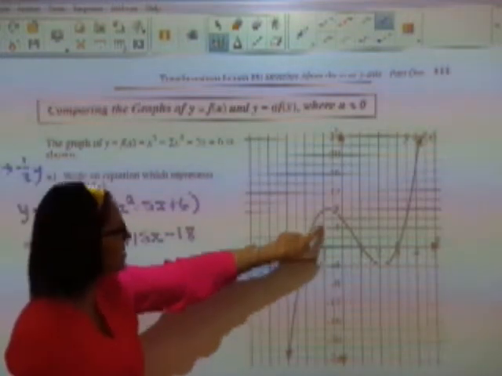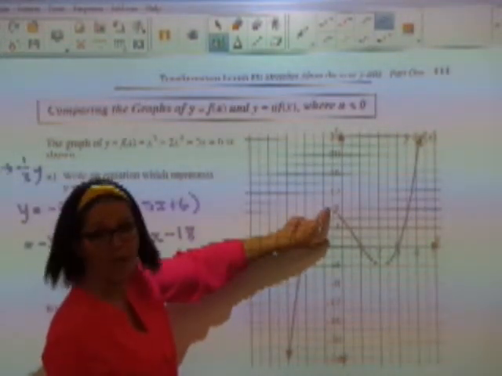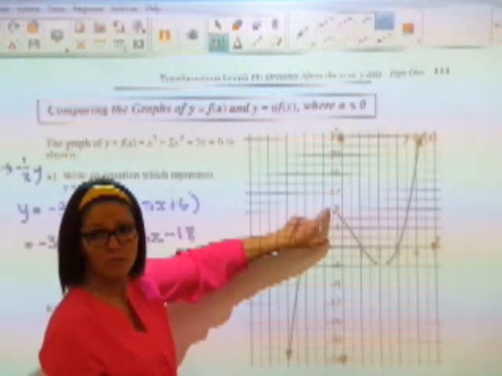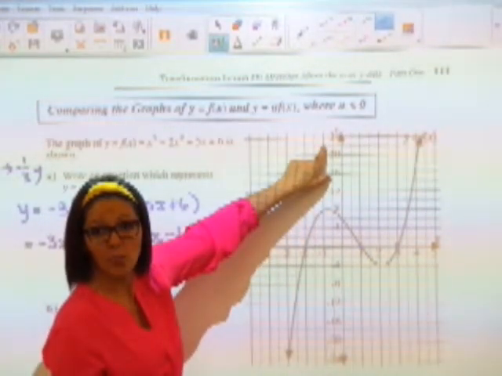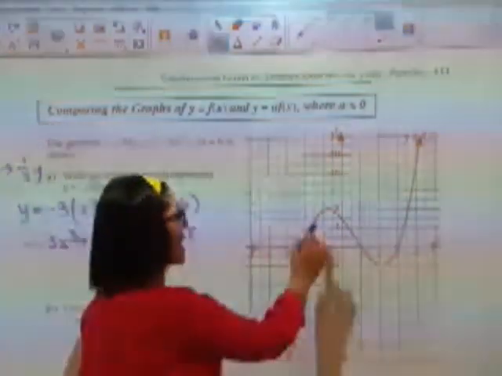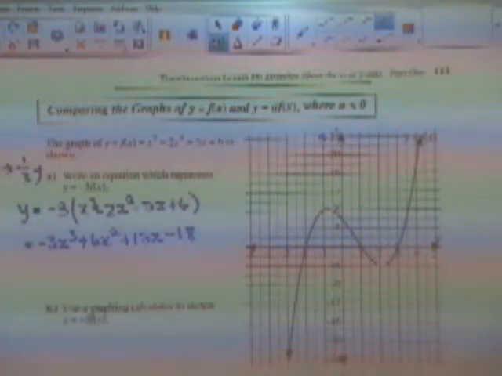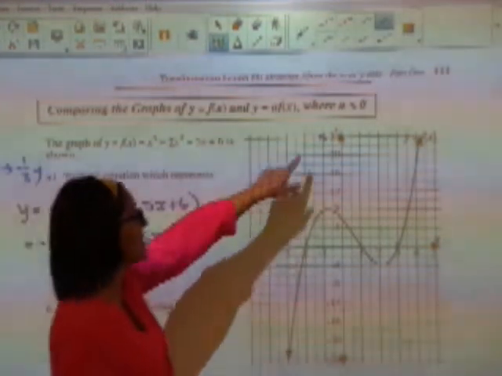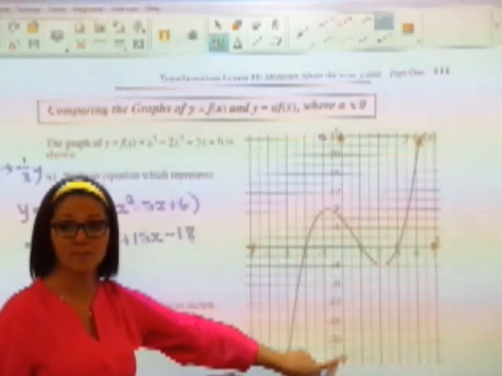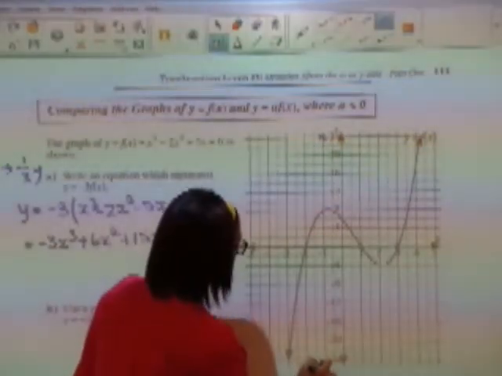So if I stretch this by a factor of 3, I'm going to go from 8 to 24, right? But then what does that negative tell me to do? Reflected in the y-axis. So my positive 24 is going to become negative 24, which is why it moved down to here.